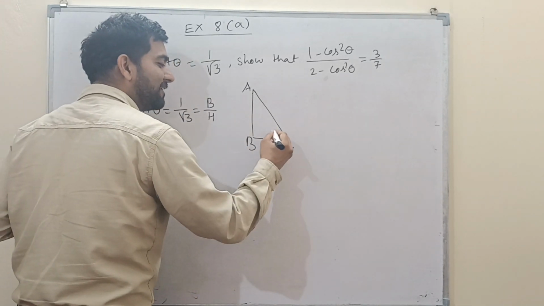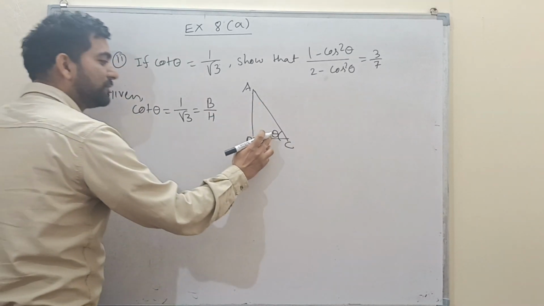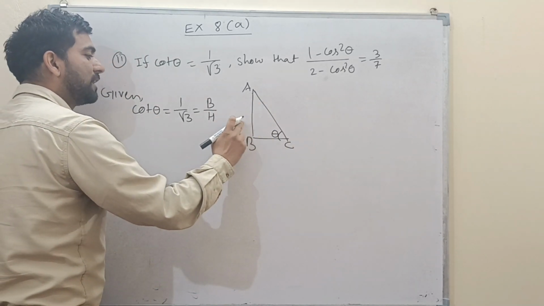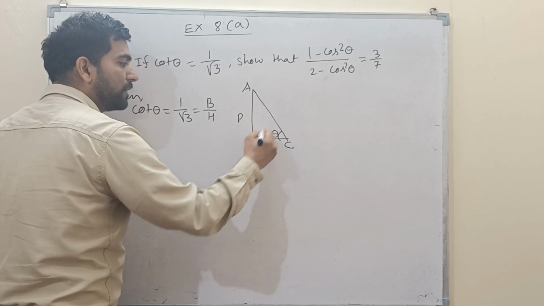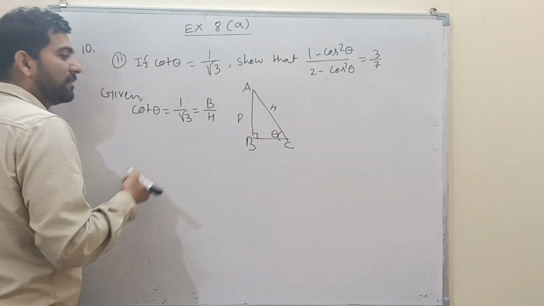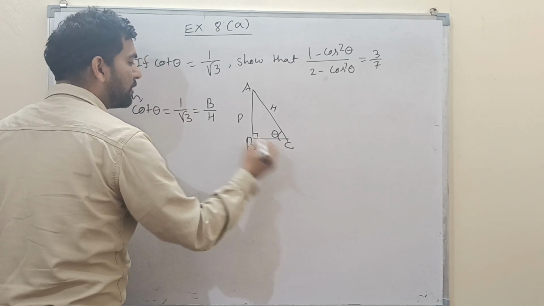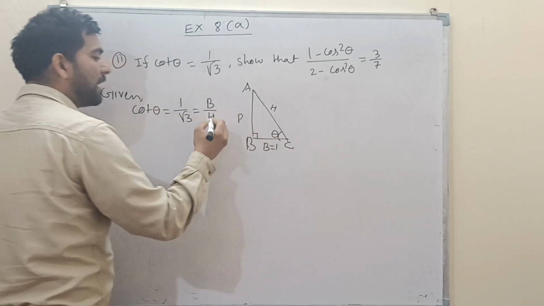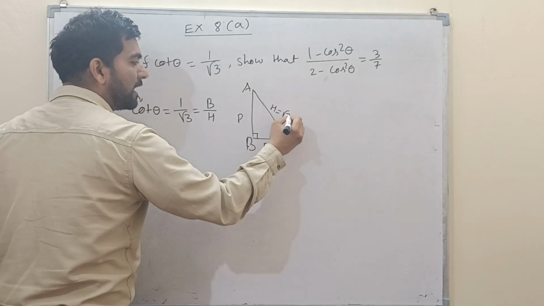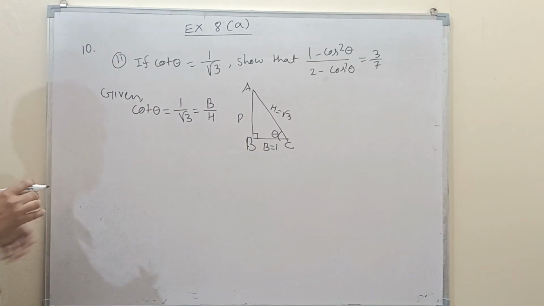Here is theta. Opposite to theta is the perpendicular. Opposite to 90 degrees is the hypotenuse. The remaining side will be the base. Base we have 1, hypotenuse root 3, and perpendicular again we have to find.